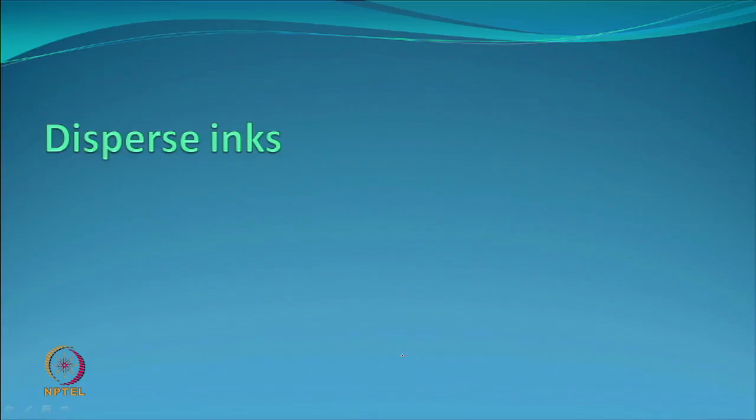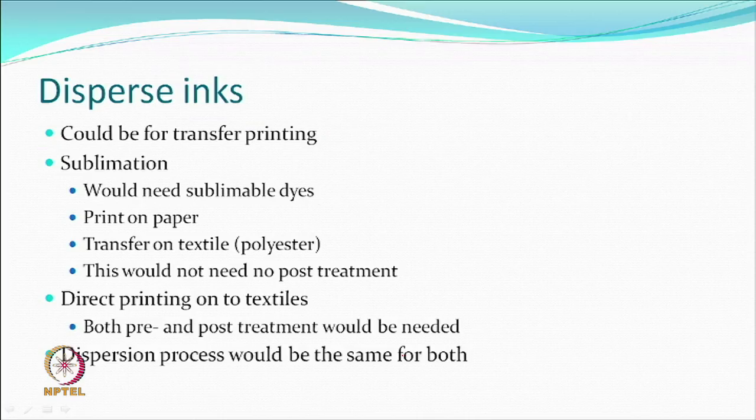So, we look at the dispersed inks. The dispersed inks are similar to pigment, except that they do have some solubility and they can dye as dyes or print as dyes. So, these dispersed dye inks, as you learned from the other day visitor, could be used for transfer printing.